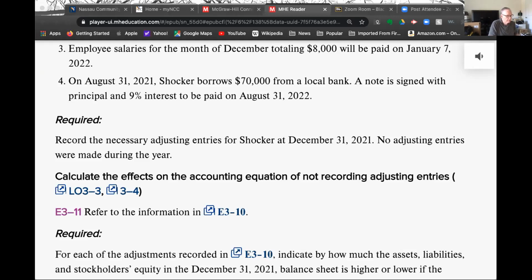So you're going to debit insurance expense. Now, what's the amount? It's a one-year policy that you bought on July 1st. So how much time has passed from July 1st through December 31st? That's 6 months. That's half a year. So 13,200 times 1/2 is 6,600. Debit insurance expense and credit prepaid insurance, right? 6,600.